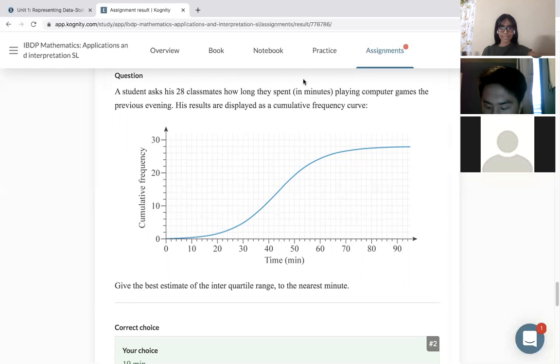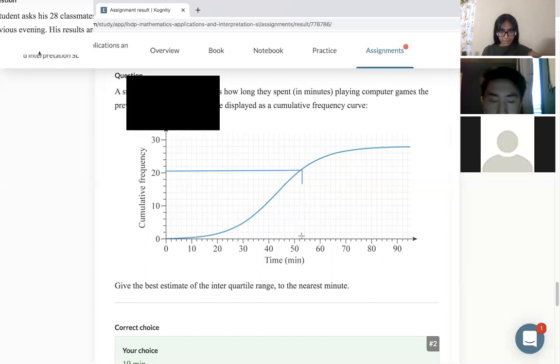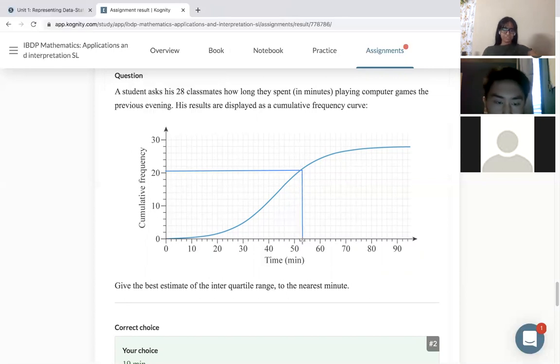Here, let me annotate it. Okay. So 21 right here. That would be right there, and then you'd go down. That would be like 53, and then you would take 28 times 0.25, which is 7. So 2, 4, 6, 7.